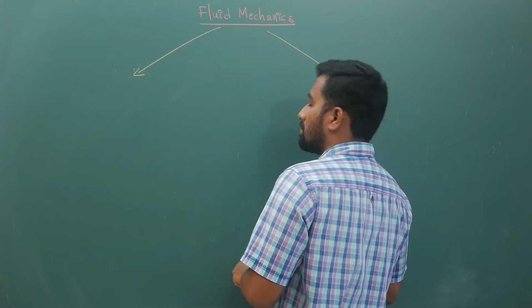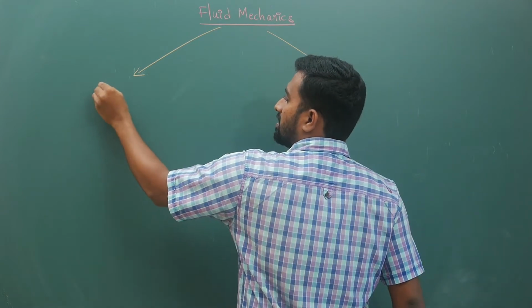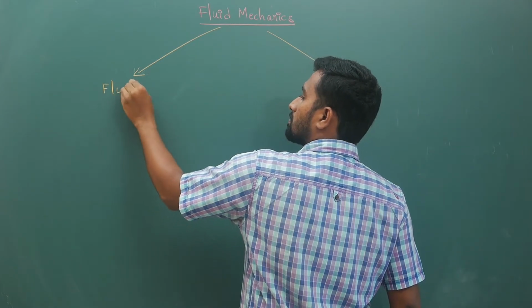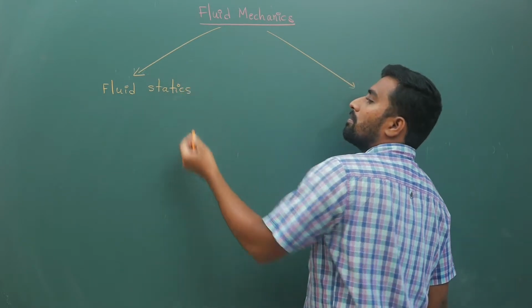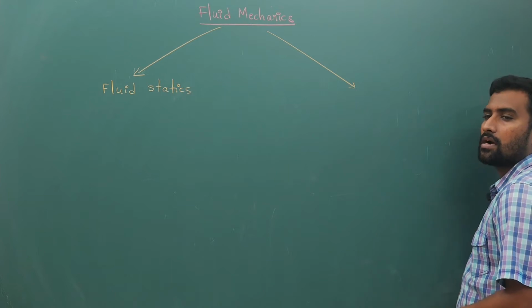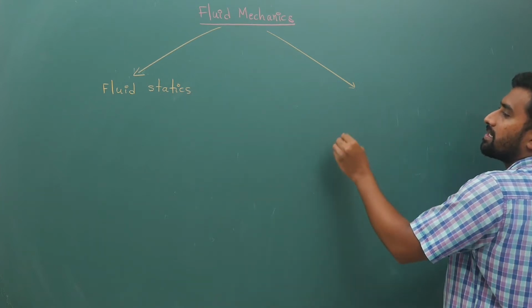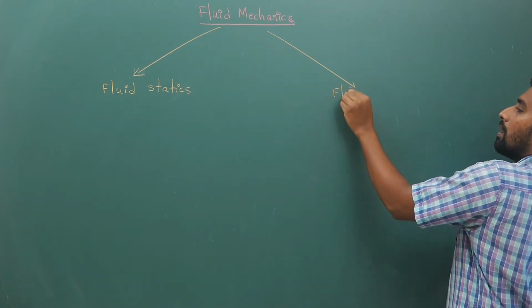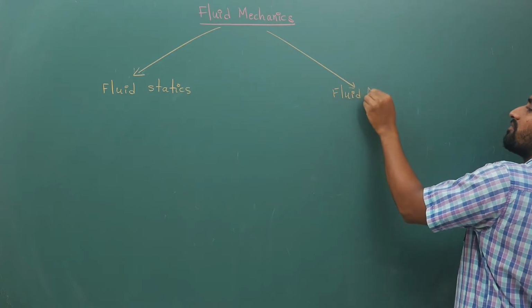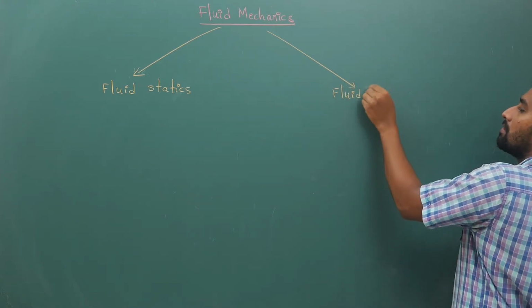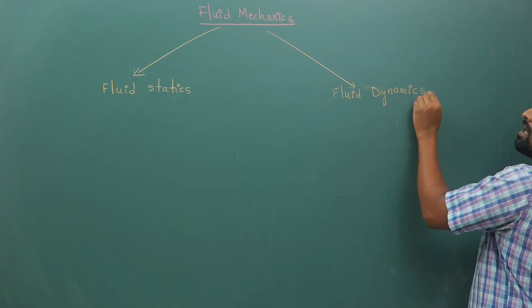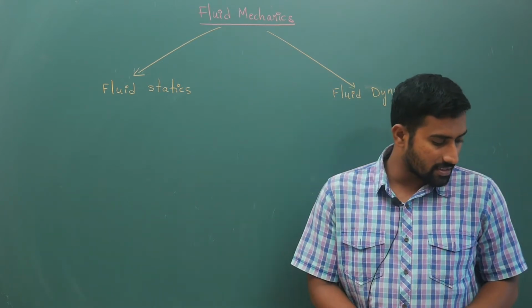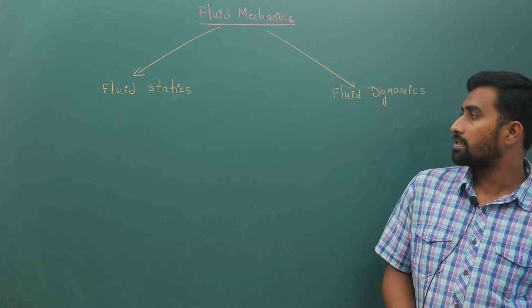One is fluid statics, which is also called hydrostatics. Hydro indirectly means water. And the next one is fluid dynamics. So you have two parts, one is fluid statics and the other is fluid dynamics.